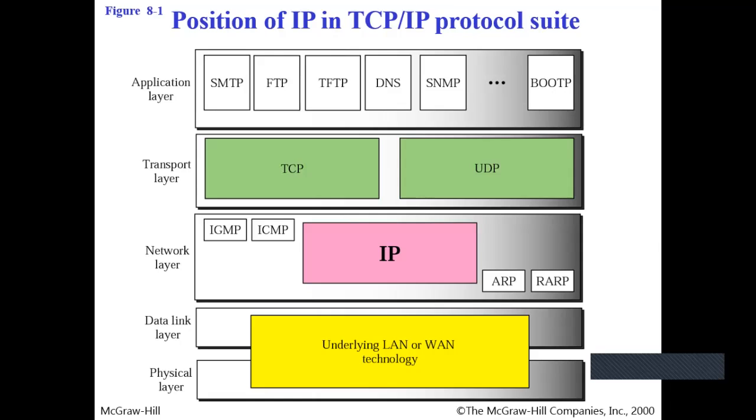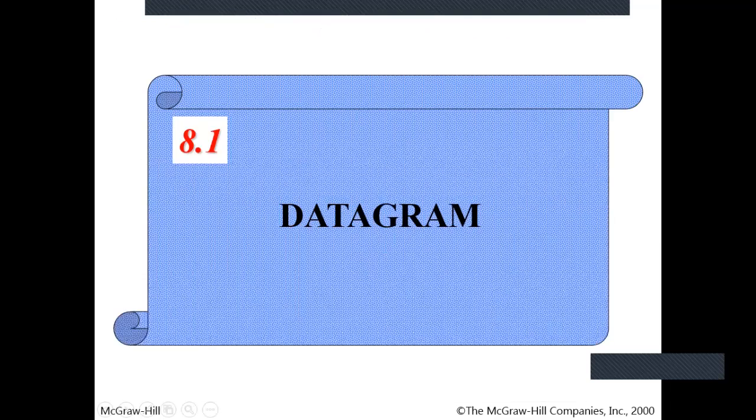Okay, we are on the specific network layer. See, there is the protocol, internet protocol. Below this, the ARP and RARP protocols are present. Then IGMP and ICMP protocols are present, and the upper layer protocols related to the transport layer and the application layer.